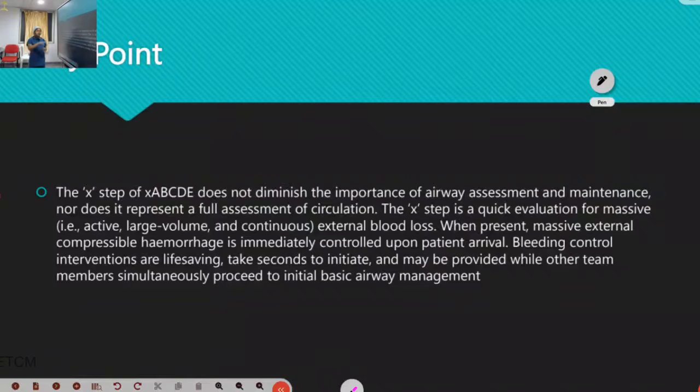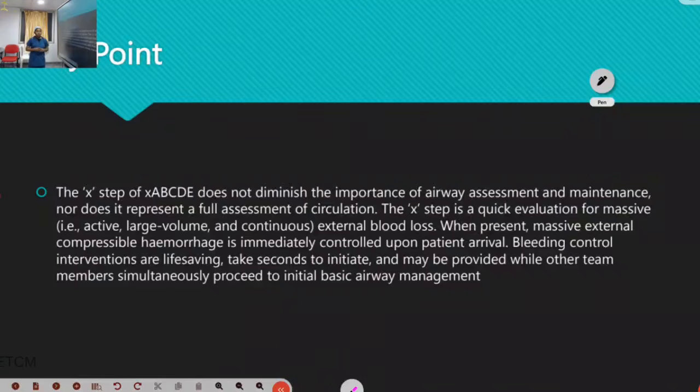When present, massive external compressible hemorrhage is immediately controlled upon patient arrival, and bleeding control interventions are life saving, take seconds to initiate, and may be provided while other team members simultaneously proceed to initial basic airway management. So once again, X stands for exsanguinating external hemorrhage.